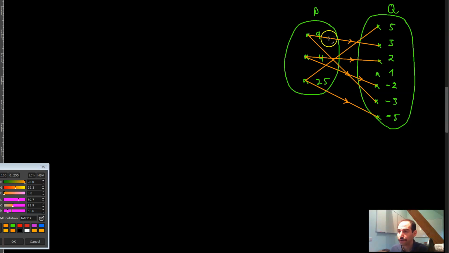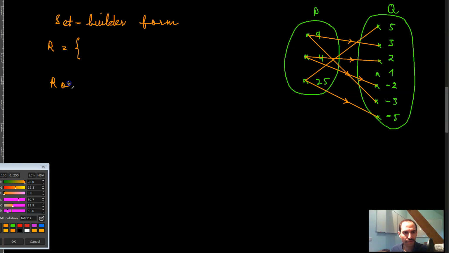You want to write this relation in set builder form. If I call the relation R, for example, let's first write it in roster form.